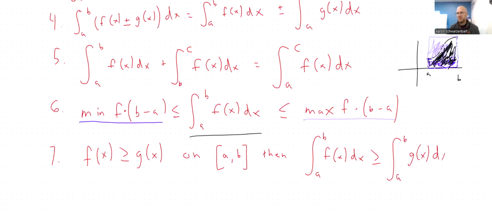And this applies whether f of x is positive or negative, because f of x would be less negative, so it's still greater. Or the integral would be less negative.